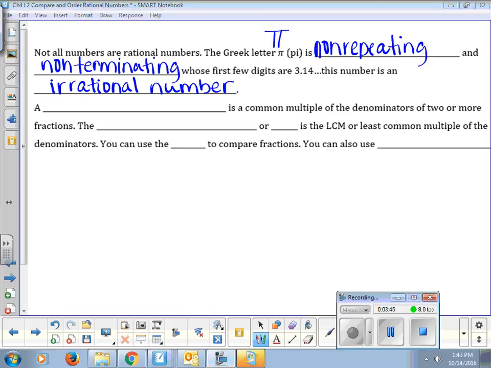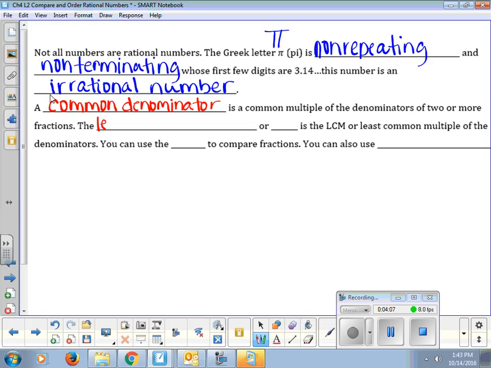Okay, the next part of our vocabulary words, common denominator. A common denominator is a common multiple of the denominators of 2 or more fractions.